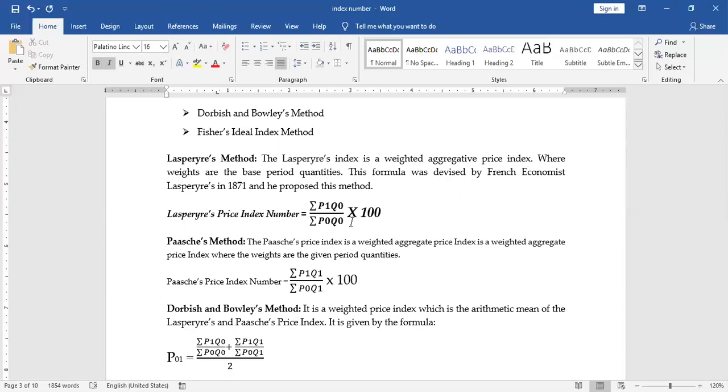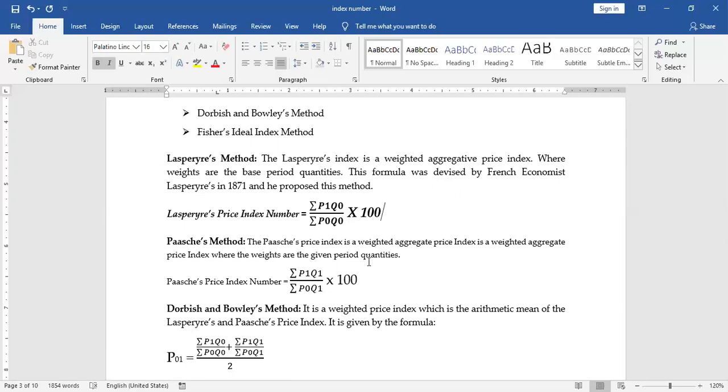Next is Paasche's price index number, which is a weighted aggregate price index.